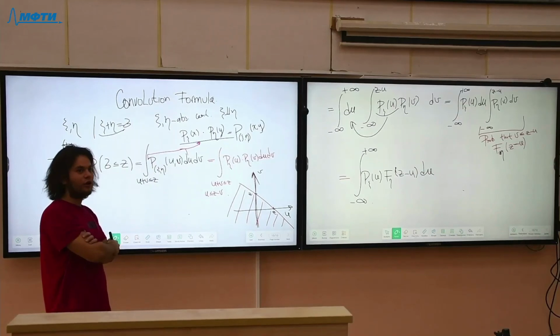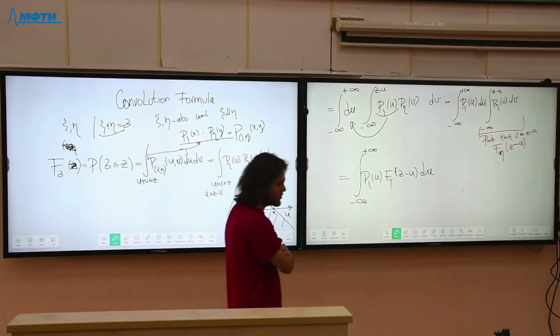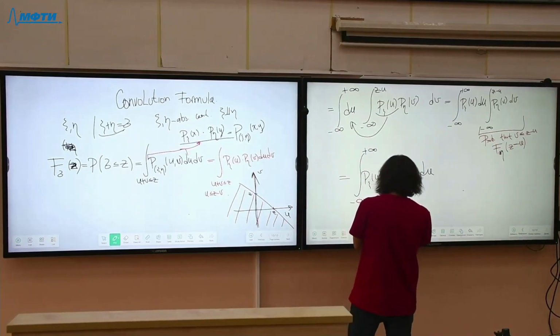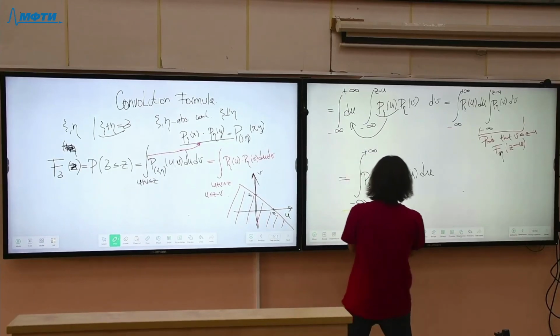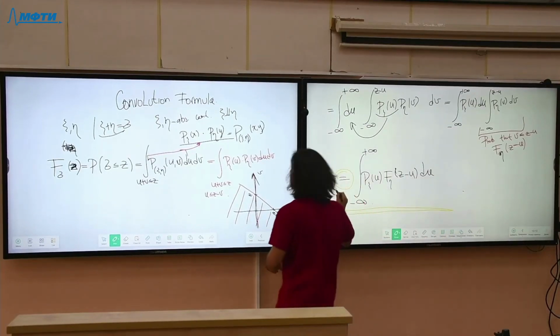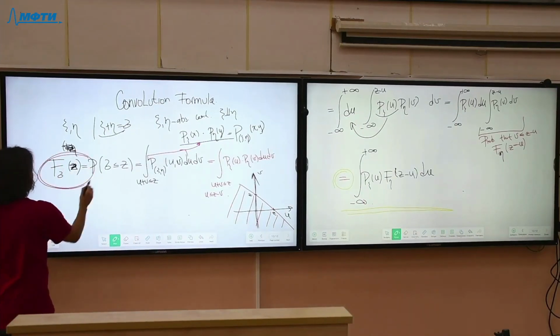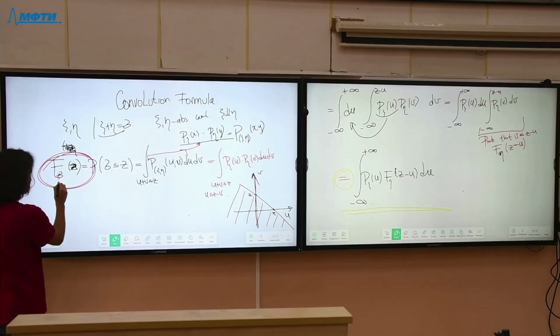And this is called the convolution formula. So we can find the probability distribution of the sum of two random variables.